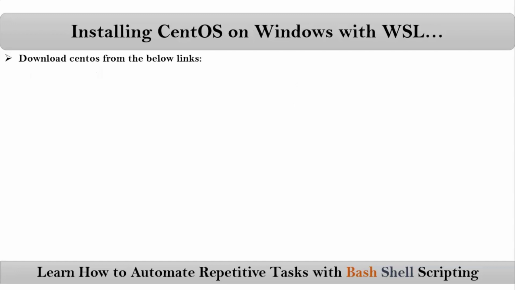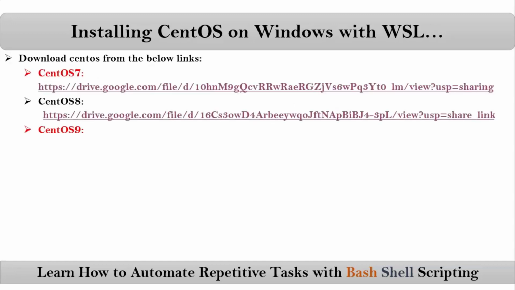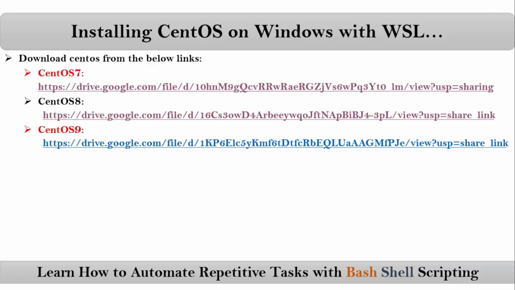So first download CentOS from the links below. See, as of now, these three are the CentOS images available for your Windows. And my suggestion is to go with either 7 or 9. Don't go with 8. Now to download your required CentOS, just click on these links.